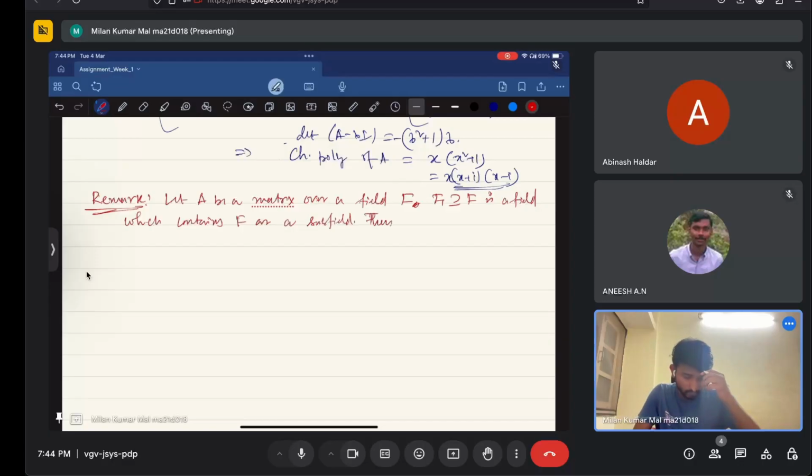Then the characteristic polynomial is always fixed, it does not depend on the field, because it is the determinant of A minus lambda I, whatever entries are in A. But the minimal polynomial is something we are considering in a very different way. That is the smallest degree polynomial which annihilates the operator or the matrix. So one may expect that if we change the matrix from real to complex, or rational to real, whether the minimal polynomial changes or not, but that is not the case.